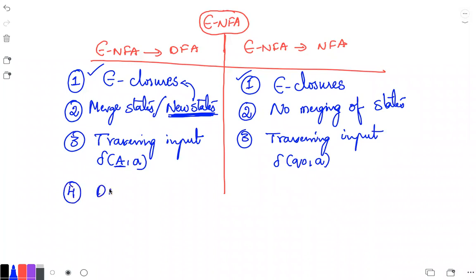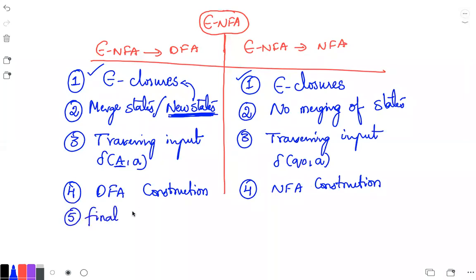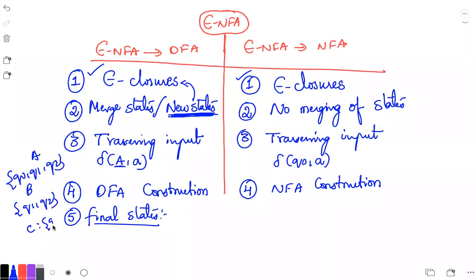Now, the fourth step. Based on the data, you go for the DFA construction. Here, based on the data, you go for the NFA construction. Okay. Now, marking of final states. In the conversion to DFA, as we are merging into new states, for example, A is Q0, Q1, Q2, taking the previous example, B is Q1, Q2, and C is only Q2.